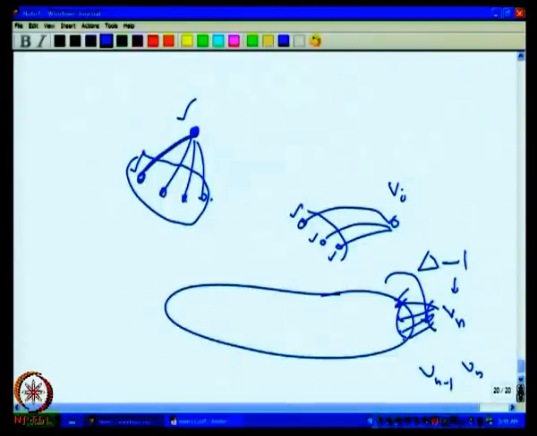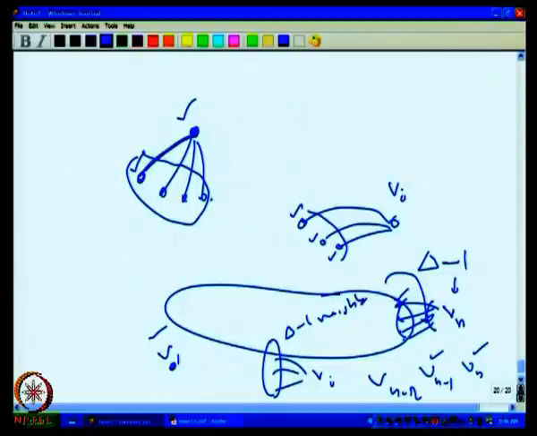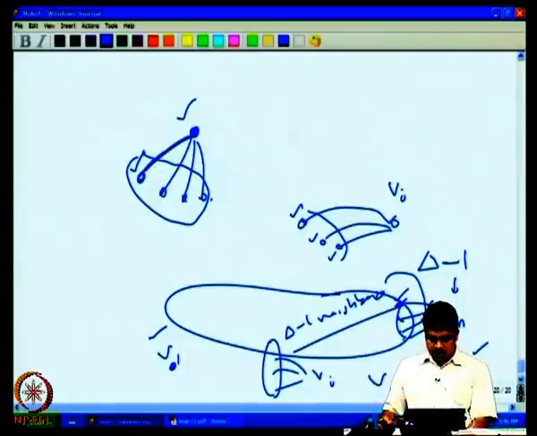Now, I can get a vertex with a lower degree. So, of course, that degree is delta minus 1, I can pick up. So, every time I will be seeing only delta minus 1; you can see in this order, if the reverse order is Vn, Vn minus 1, Vn minus 2, I can write down the things. Now, if you start eliminating vertices starting from V1 onwards, it is very clear that every vertex Vi will be seeing only at most delta minus 1 neighbors in the neighborhood of Vi.